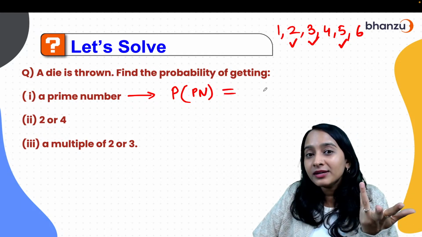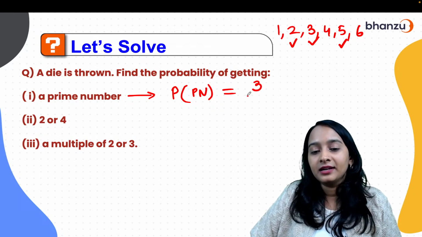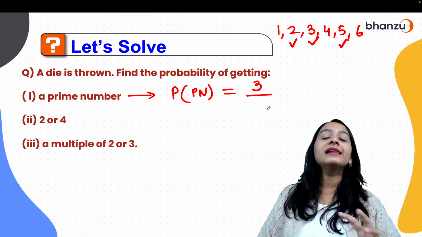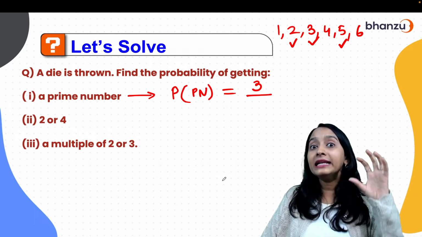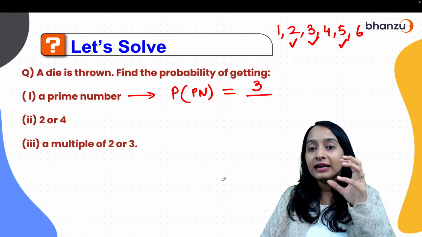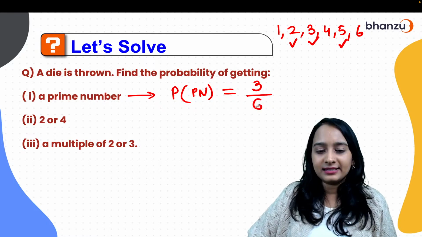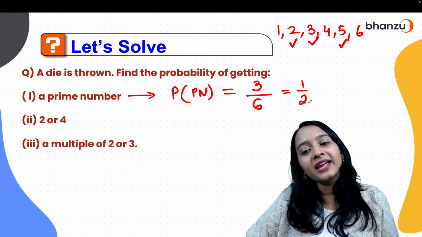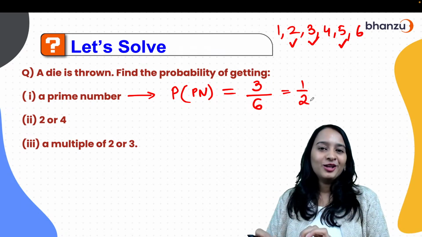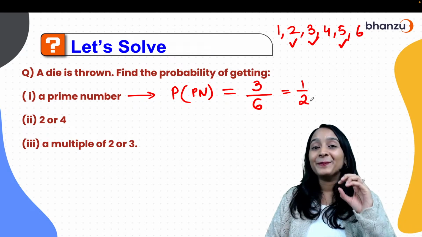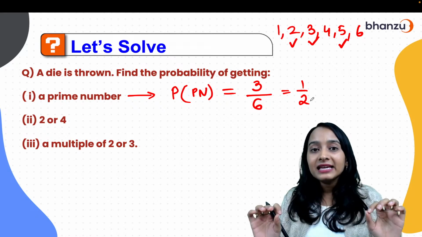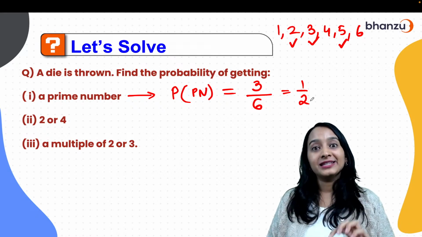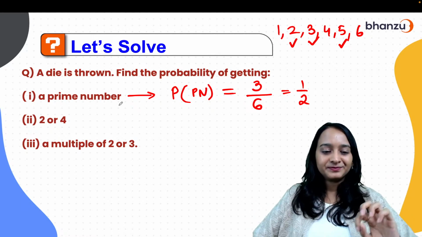How many prime numbers are there? 3. Divided by the total number of outcomes. Totally how many numbers are there? 6. So on simplifying, you will be getting 1 by 2. So the probability of getting a prime number when you roll a dice is 1 by 2. There's a high probability that you'll be getting it.